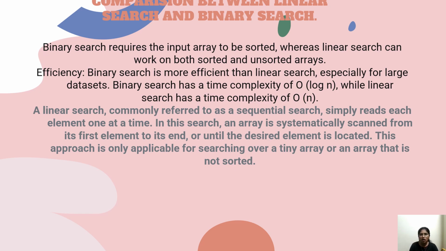A linear search, commonly referred to as sequential search, simply reads each element one at a time. In this search, an array is sequentially scanned from its first element to its end, or till a desired element is located. This approach is only applicable for searching over a tiny array or an array that is not sorted.